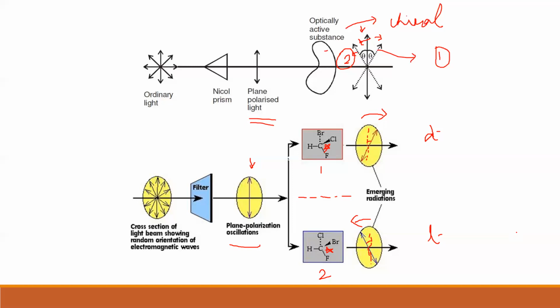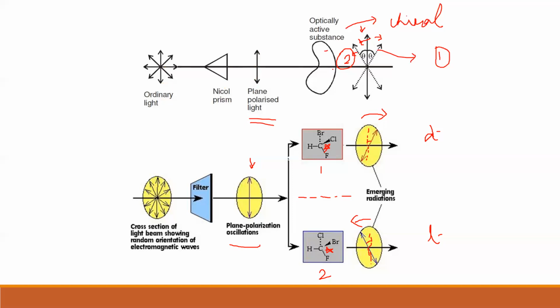Clear? Now, how do we see that? We can see it with the help of this process. You initially take ordinary light, which is composed of electromagnetic waves vibrating in all given planes, all given directions. When it is passed through a Nicol prism, it comes out vibrating in only one single plane. We call that plane polarized light.